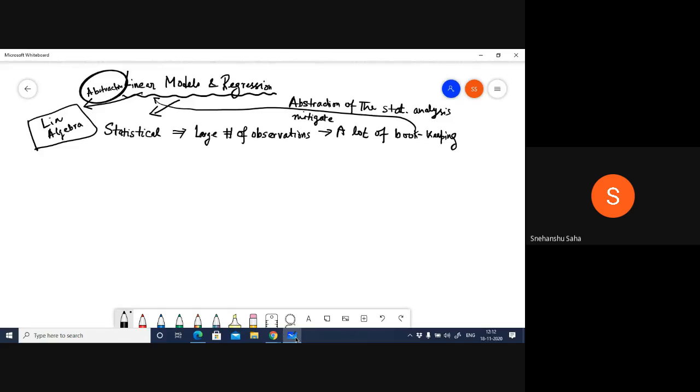However, before we get there, there are a few things about basic statistical analysis or basic regression analysis that we need to understand before we can make such a jump.